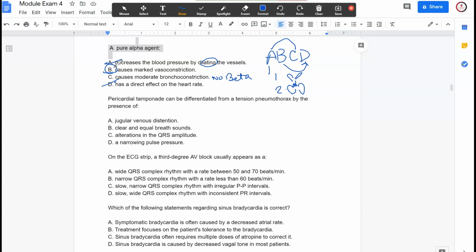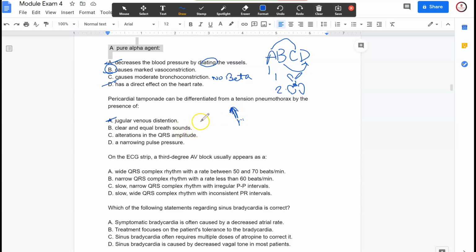Pericardial tamponade can be differentiated from tension pneumo by the presence of what exactly, right? So in both of these, you're going to see jugular vein distension, right? Because the pressures are building up inside the chest. It's going to push that blood back up into the JVD region.